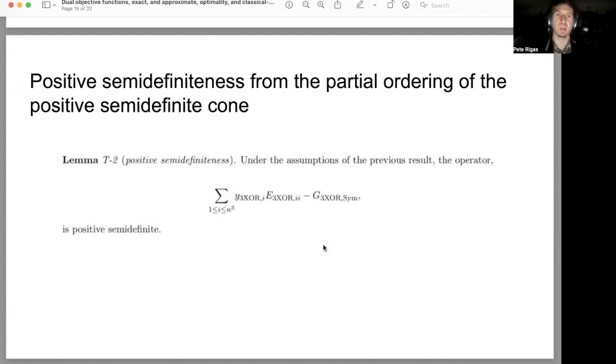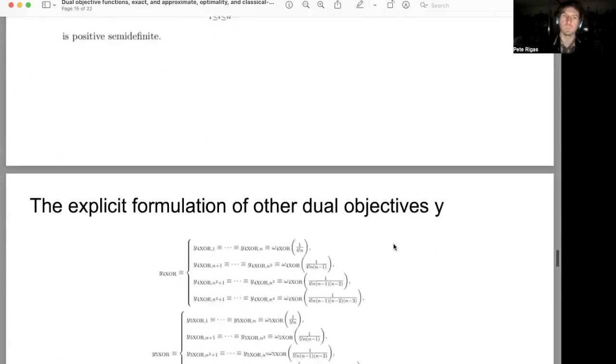So this is exactly how the statement of the positive semi-definiteness result is given, and how this relates to exact and approximate optimality, and to the 3XOR error bounds, which I generalized from the set of four equivalent conditions for the 2XOR game.